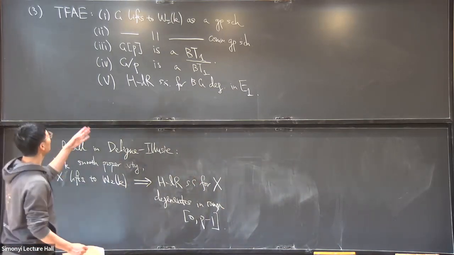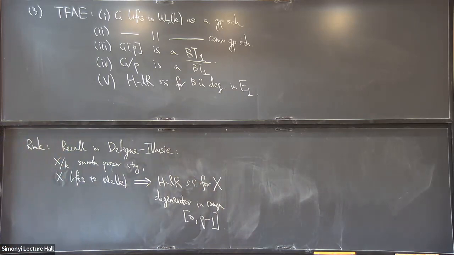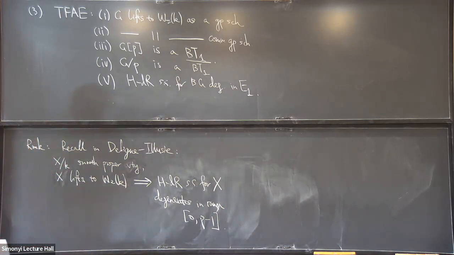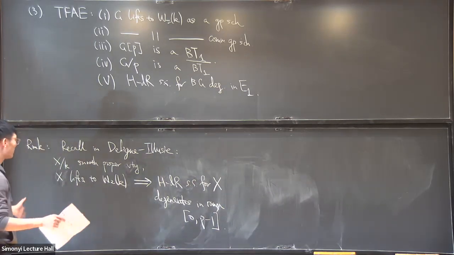So in particular here, what we are saying is that, okay, so I guess our BG is not quite a smooth proper variety, but there are several results.